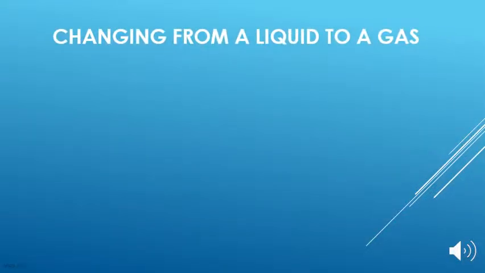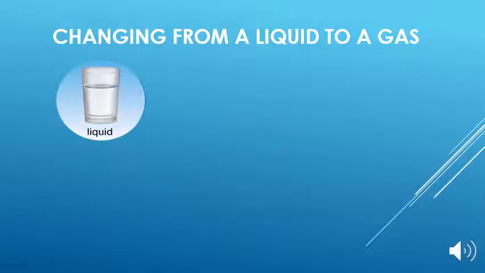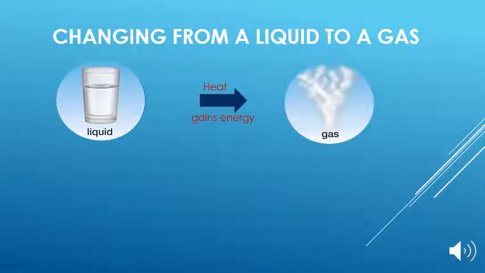Let's see another change. It's from a liquid to a gas. We have here a liquid, water, and we will change it. When we heat the liquid, it gains energy and it will change into a gas, water vapor. The particles will change.